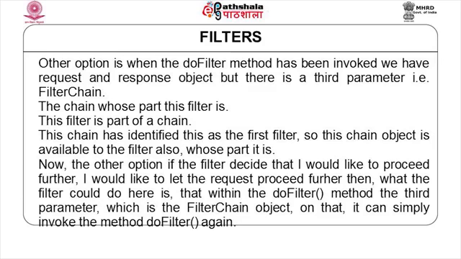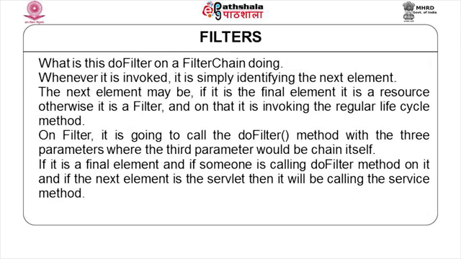For example, if it is a filter, it calls the doFilter method with 3 parameters, where the third parameter is the chain itself, along with the request and response objects. Or if it is the final element and someone calls doFilter on it, where it is the only element left, the next one is nothing but the servlet, so it would call the service method by giving the request and response objects.